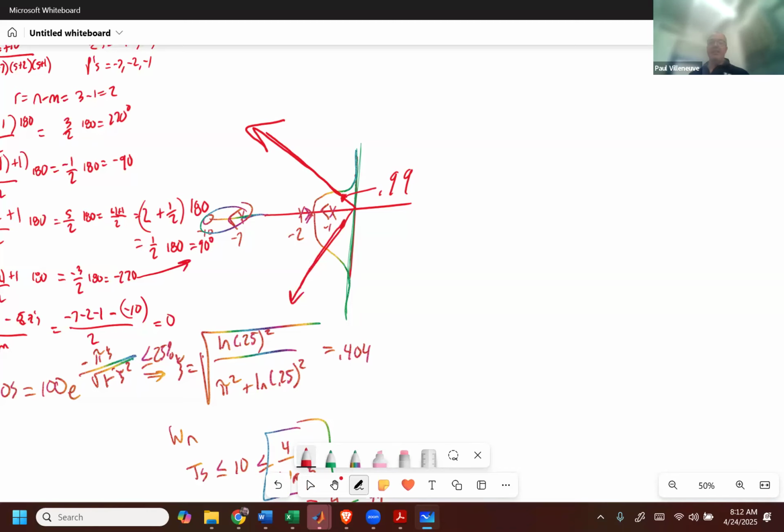The second criteria is this zeta equals 0.404. Well, this angle here is the inverse cosine of zeta. When we calculate the inverse cosine of 0.404, we got around 66 degrees.